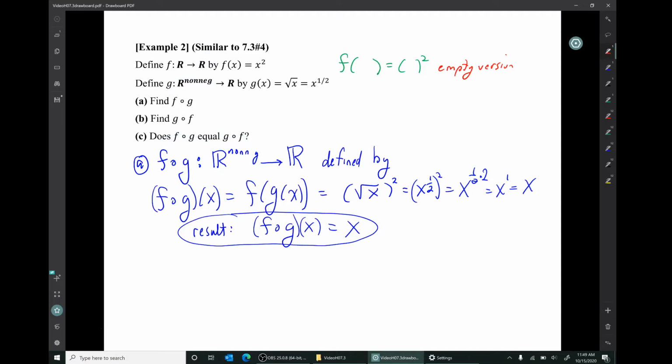Find g circle f. Well, the thing is, g circle f is not defined.